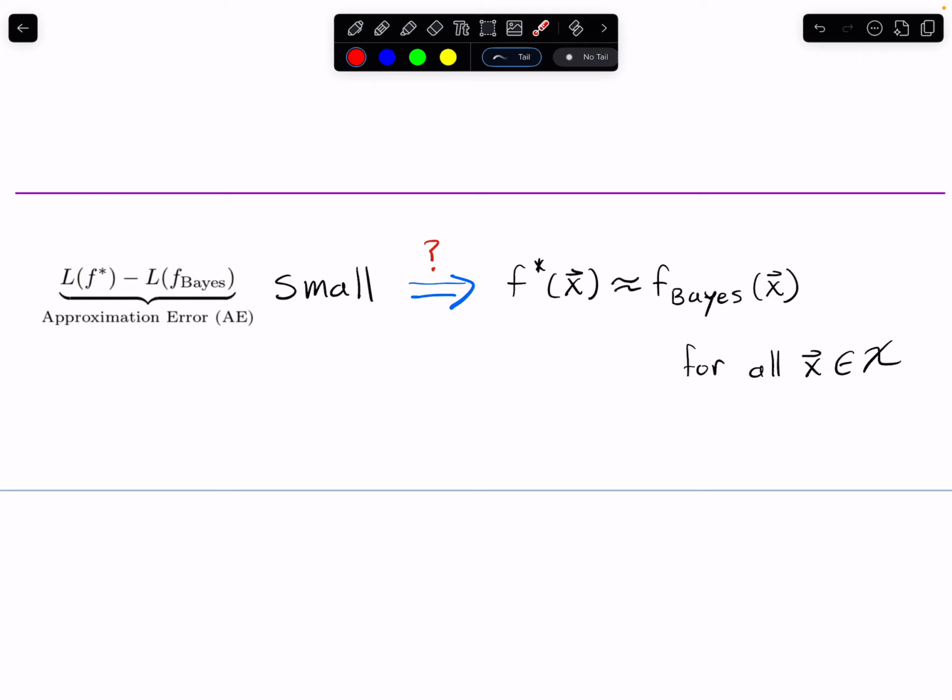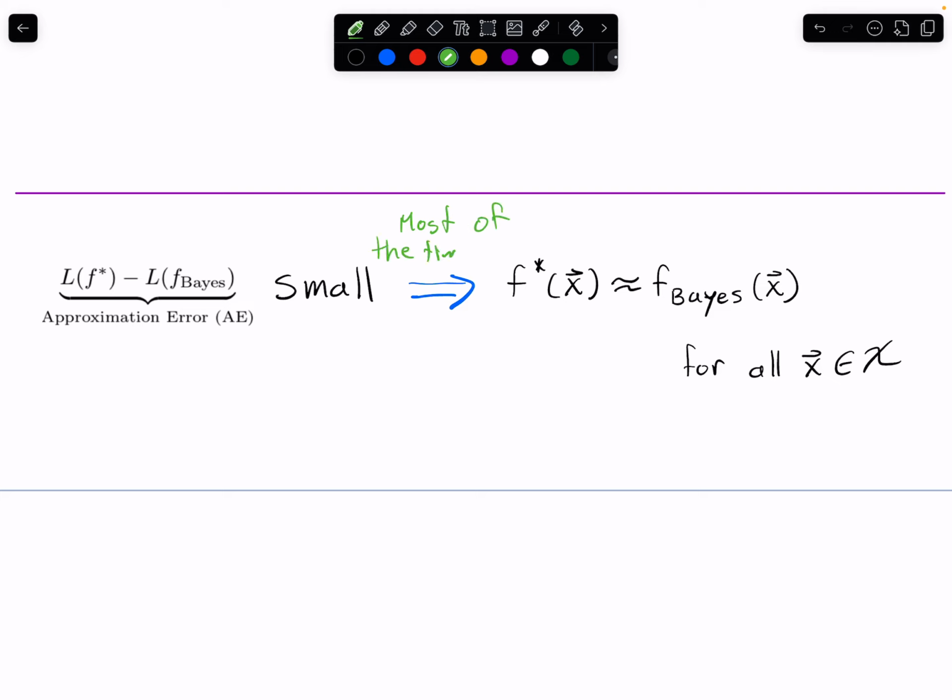And so the question is, if this is small, does that really imply that f star and f base are close? In general you can find some edge cases for specific expected losses and under specific distributions where this might not be the case. However, usually this is true. So the answer is most of the time.